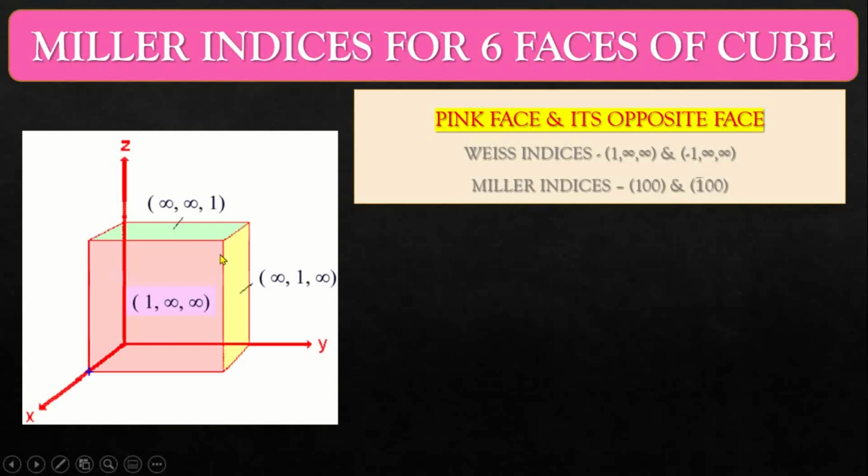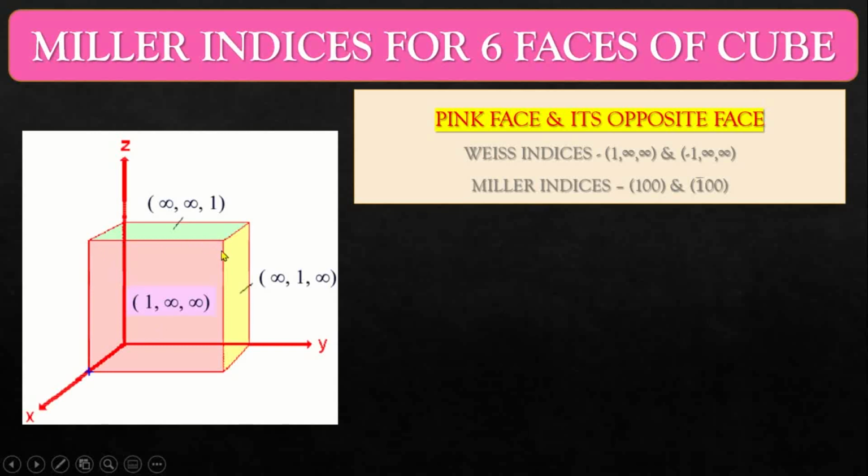And since this face is parallel to the z-axis as well as the y-axis, the remaining 2 intercepts will be taken as infinity, because according to the conventions, whenever a plane is parallel to a particular axis, the intercept is taken to be infinity. So the Weiss indices for this pink face is (1, infinity, infinity) within small brackets.